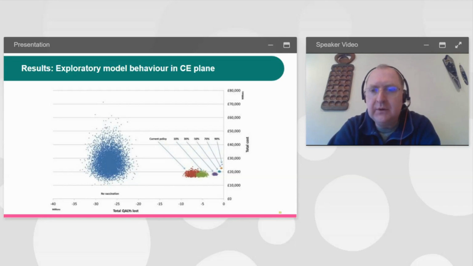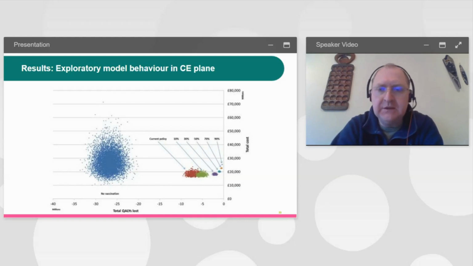So there's a boundary, if you like, on the right hand side. But as coverage goes up, of course, you would expect the numbers of cases of flu prevented to increase, so you lose fewer QALYs.